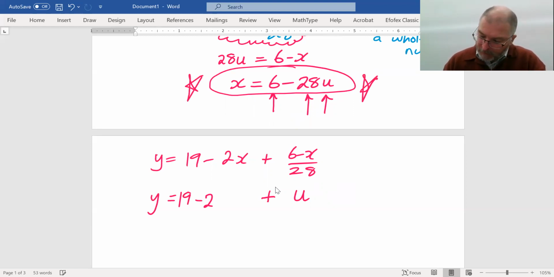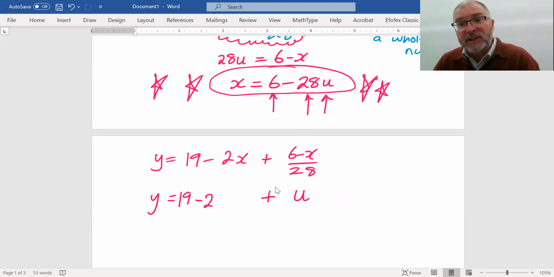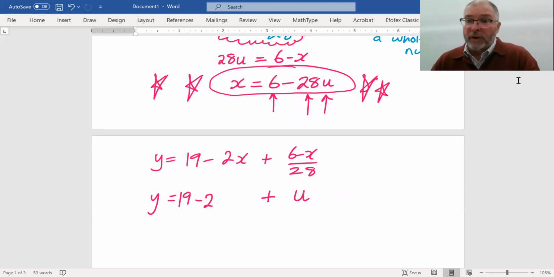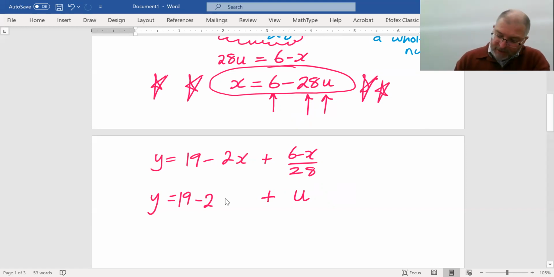Where I'm drawing those stars, you can see it says x is 6 minus 28u. So instead of x down here at the top of the page, I'm going to put 6 minus 28u.